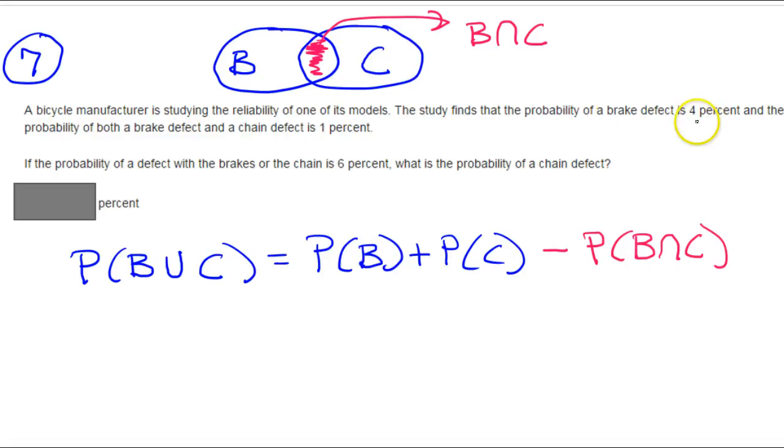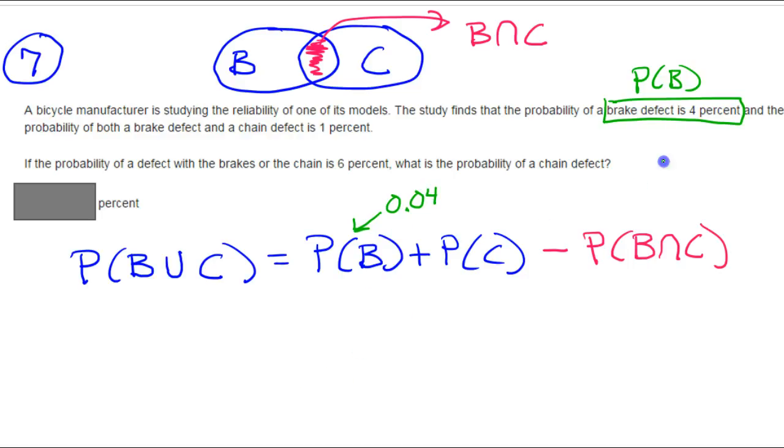That's the probability of B, your brake defect. So they're telling us that this is 4%, and 4% is the same thing as 0.04. So I'm just going to go ahead and put that.